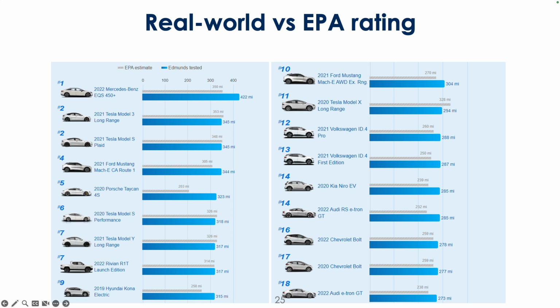And you can compare some of what has been seen in those tests to what the EPA ratings look like. And they're almost never the same, right? In some cases, the real world is going to be higher. In some cases, the EPA can actually be higher. And again, that just reflects differences in the ways that vehicles are driven and the conditions in which they're driven. All right?